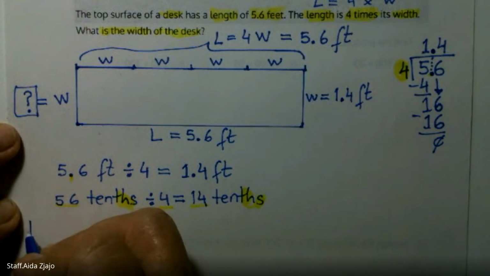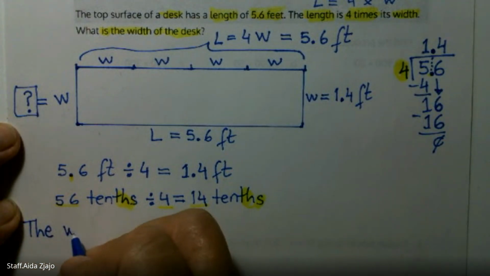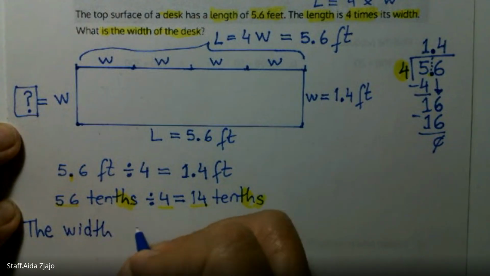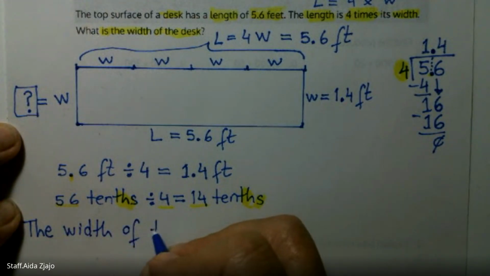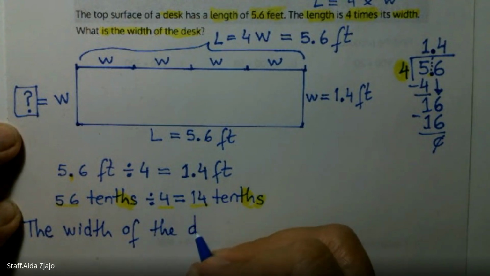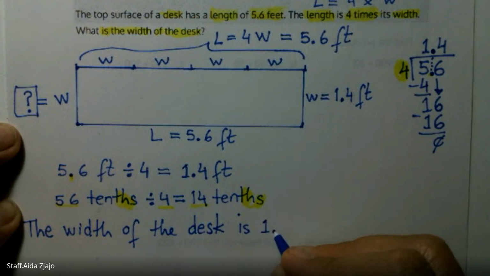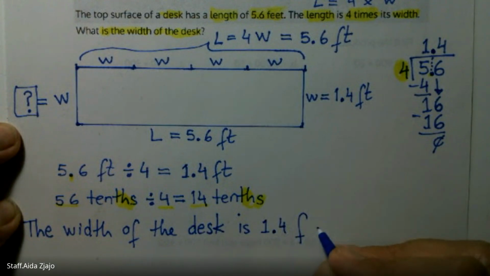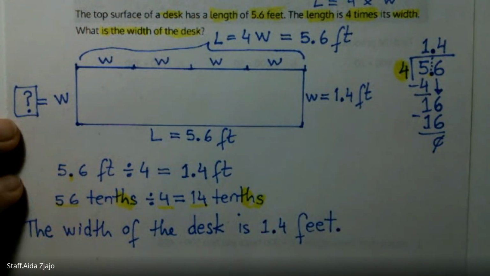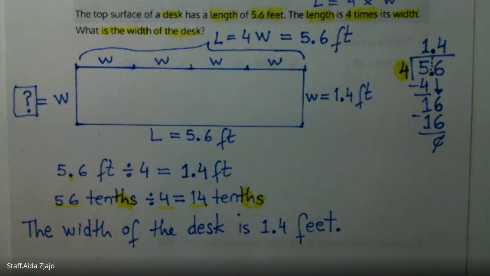So the width of the desk is 1.4 feet. That is going to be the solution for the lesson 1 word problem.